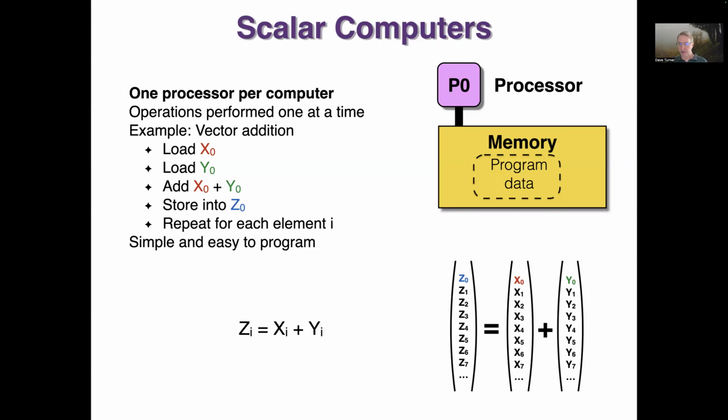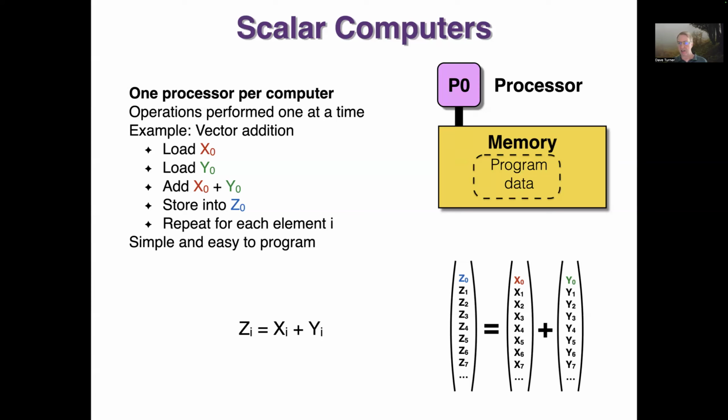So very straightforward. You do one element at a time, and then in your next iteration through the loop, you do the next element. X1 gets pulled up, Y1 gets pulled up into another register. You do the addition to get Z1, and that gets pushed down.